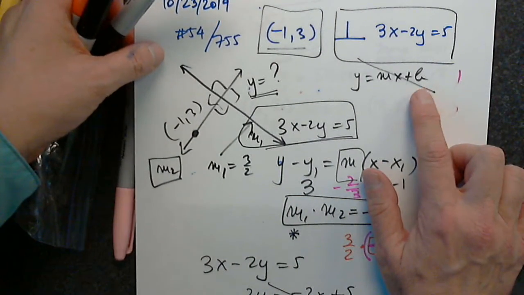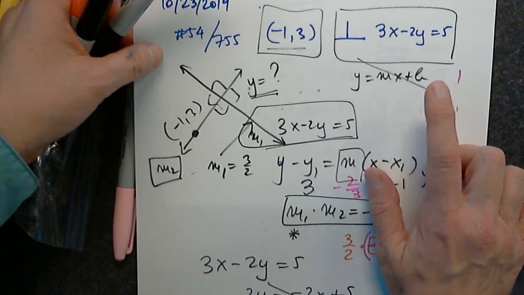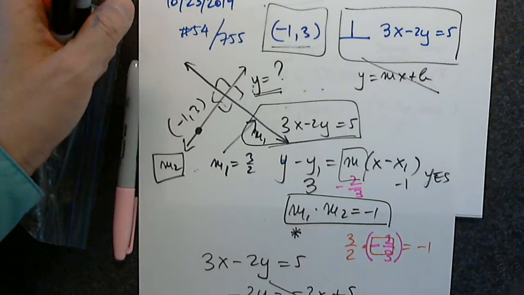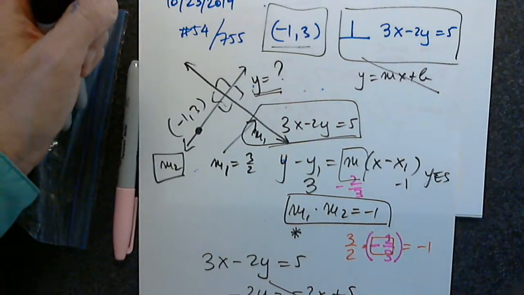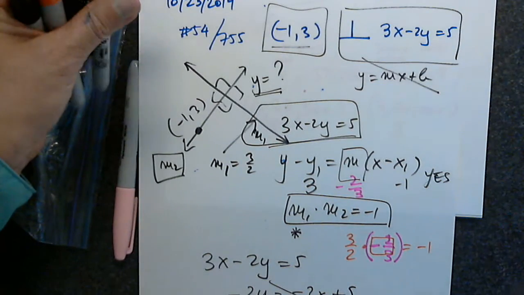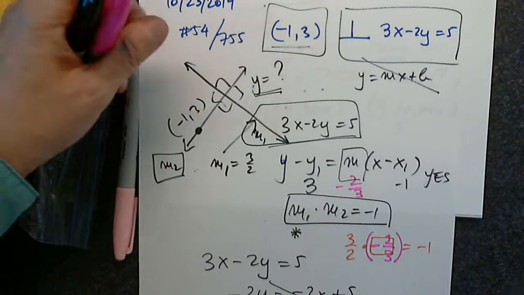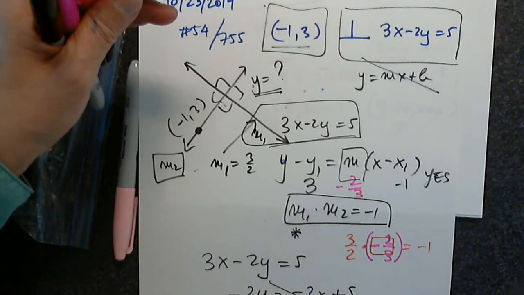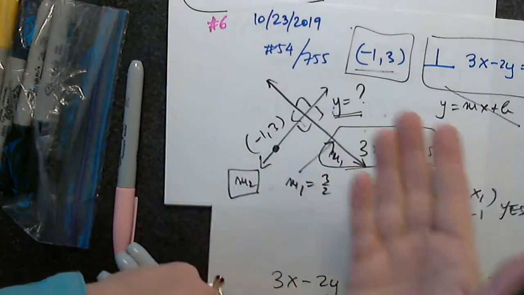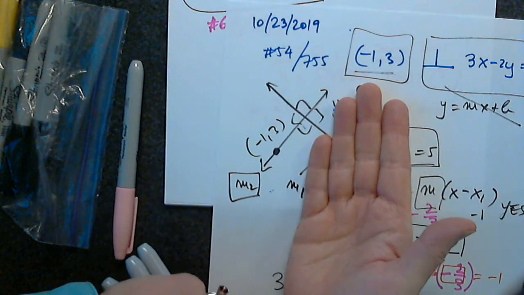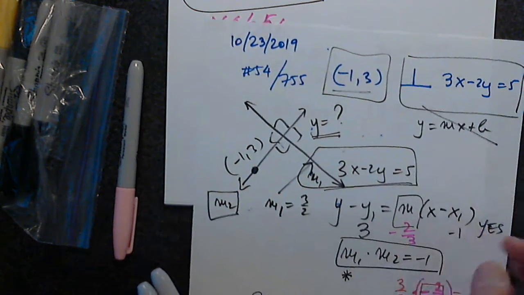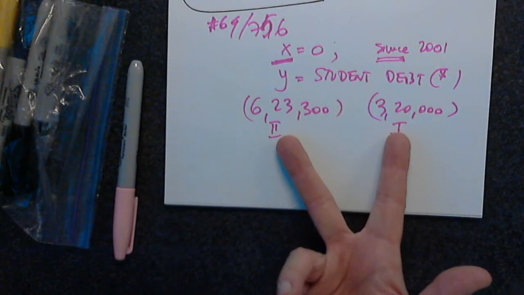What is the notation for the y-intercept? A point on the y-axis. What has to have for x? Zero. Exactly. We talked about that, right? The y-intercept has to have x equals 0. Does this point have x equals 0? No, that's why we couldn't use this. Any of these two has x equals 0?